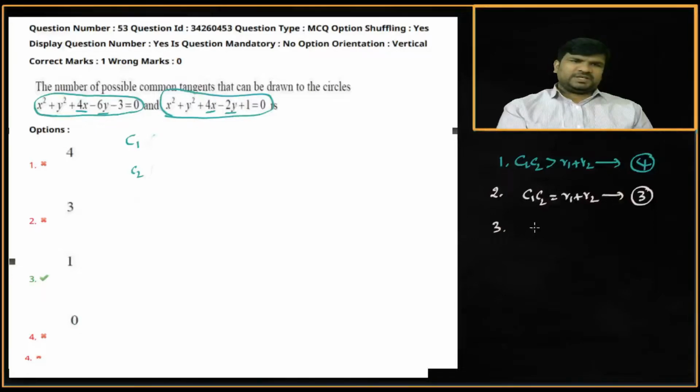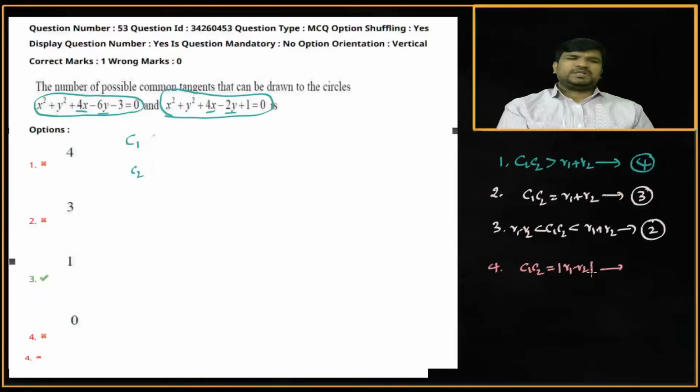The third one is, if C1C2 lies between R1 minus R2 and R1 plus R2, the 2 circles intersect each other. If 2 circles intersect each other, we can draw 2 common tangents. And the fourth one is, if C1C2 equals mod R1 minus R2, the 2 circles touch each other internally.